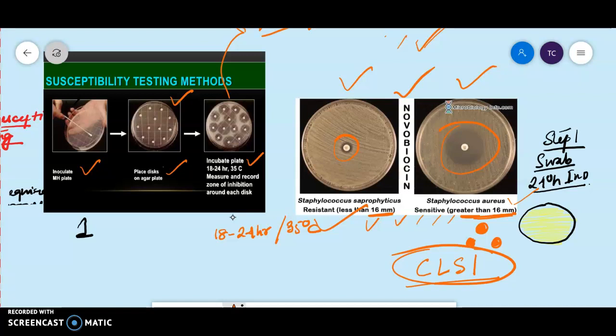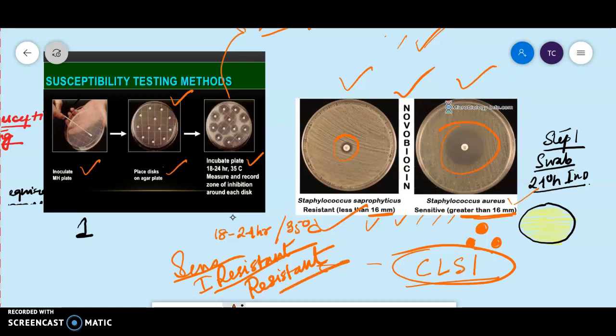The variation of the MIC will ultimately be interpreted as sensitive, intermediate resistant, or resistant microorganism. So from the CLSI guidelines, you will understand whether your organism is sensitive, intermediate resistant, or resistant to the test antibiotic.